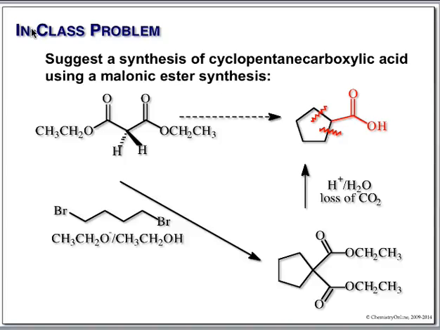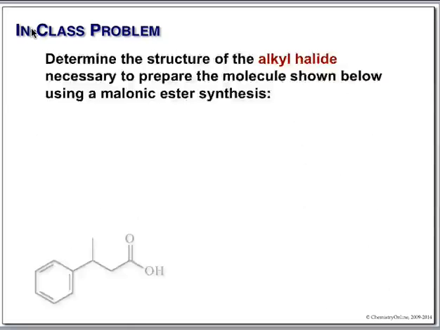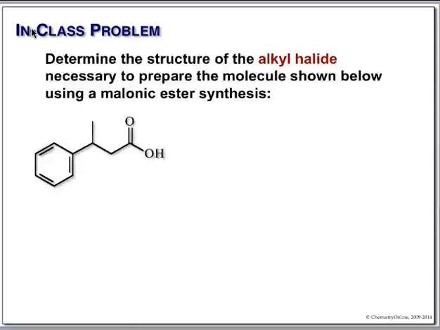Now the next 3 things are like test questions, okay? So let's think about this. If we were going to make this using malonic ester, in a little space that'll be over here, draw the structure of the alkyl halide that you need.